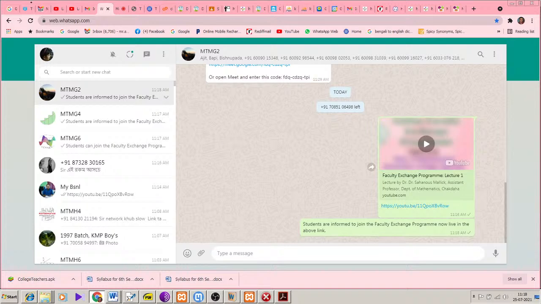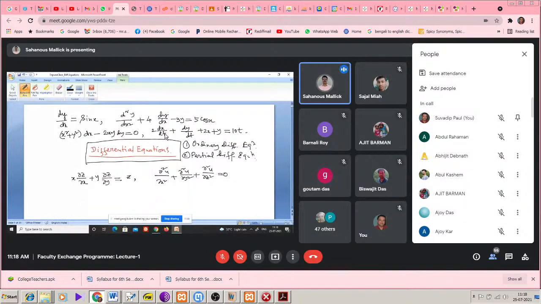The degree of a differential equation is the degree or power of the highest order derivative when the equation is freed from radicals and fractions in respect to the derivatives.